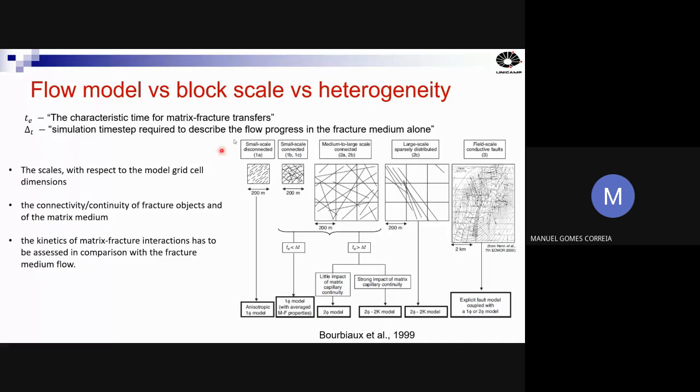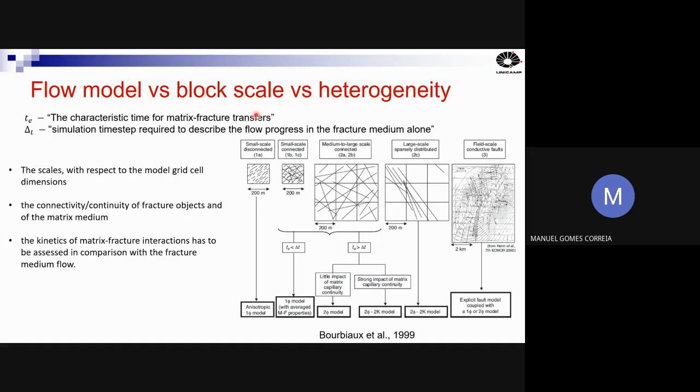And the two points that it shows that are very important are these two variables. This one is the characteristic time for matrix to fracture transfer. This is the time that represents the time necessary for fluid that comes from fractures to enter in the matrix block and imbibe all fluid or drain all fluid that is inside that block.